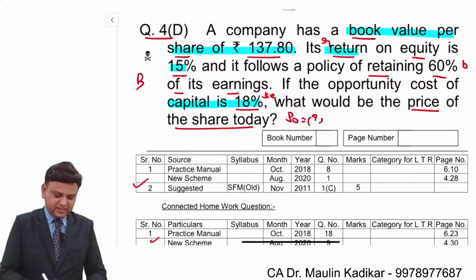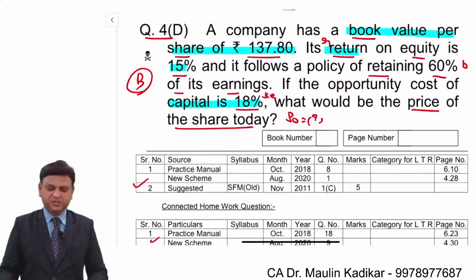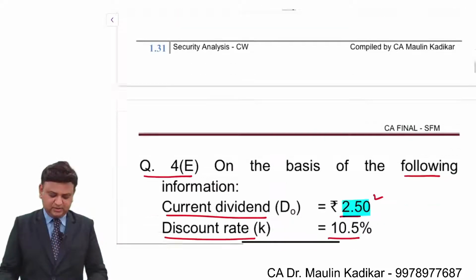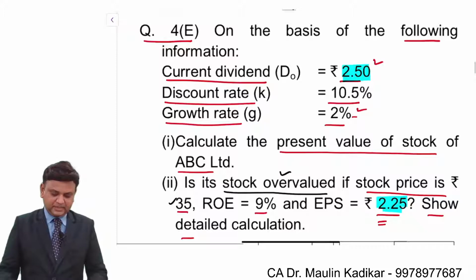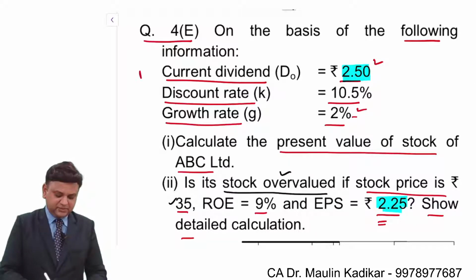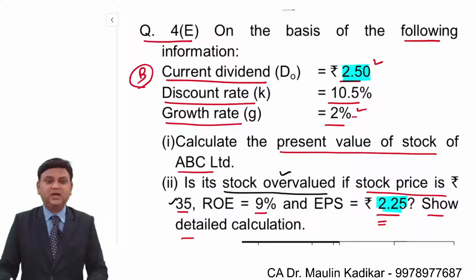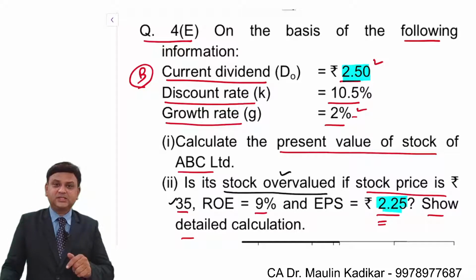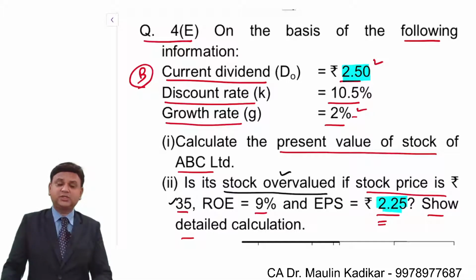This is a B category question, just calculation of the P0 and the growth rate. This is a B category question, and dear students, this is the question which has been asked in the recent SFM examination of January 2020 in the old syllabus.